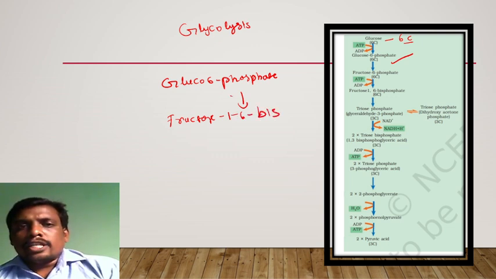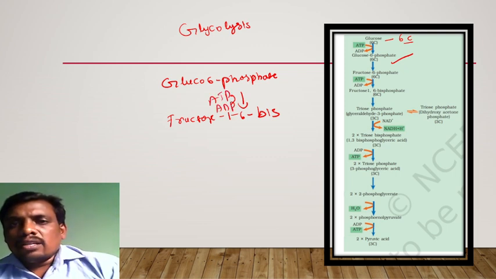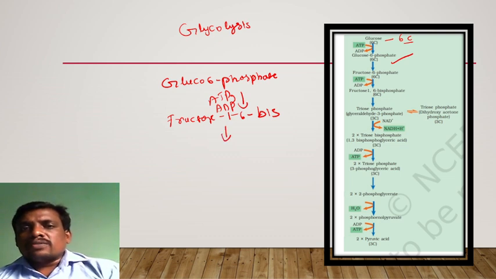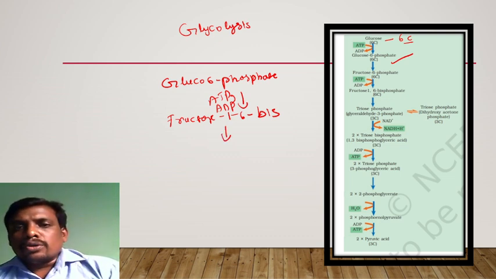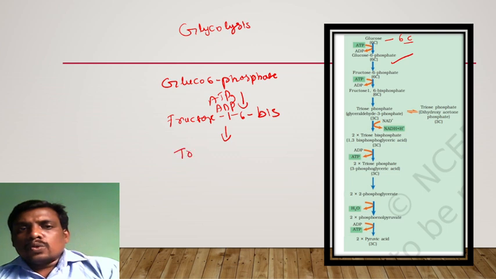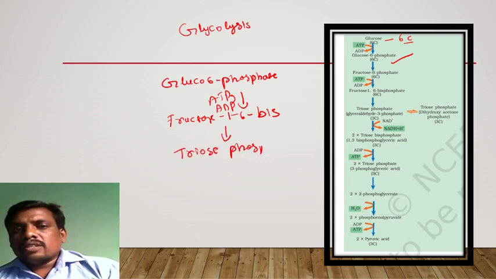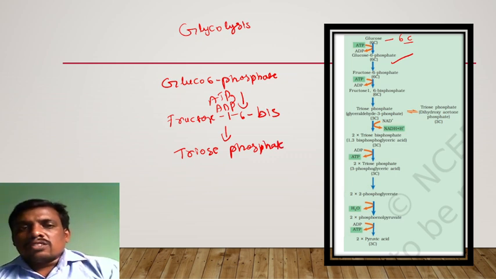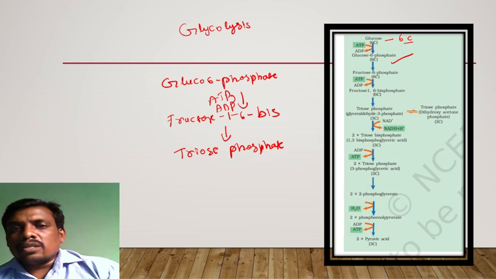Here also ATP energy is utilized for this process. And finally fructose 1,6-bisphosphate will be broken down into triose sugar or triose phosphate. What is a triose phosphate or triose sugar here?